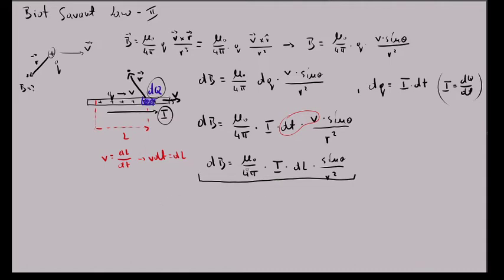Let's say you have the wire here, and along this wire you have a current that flows.